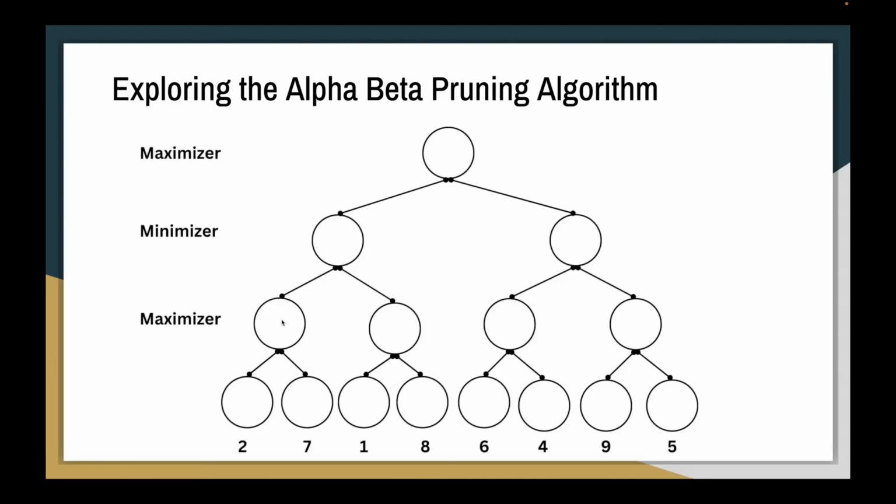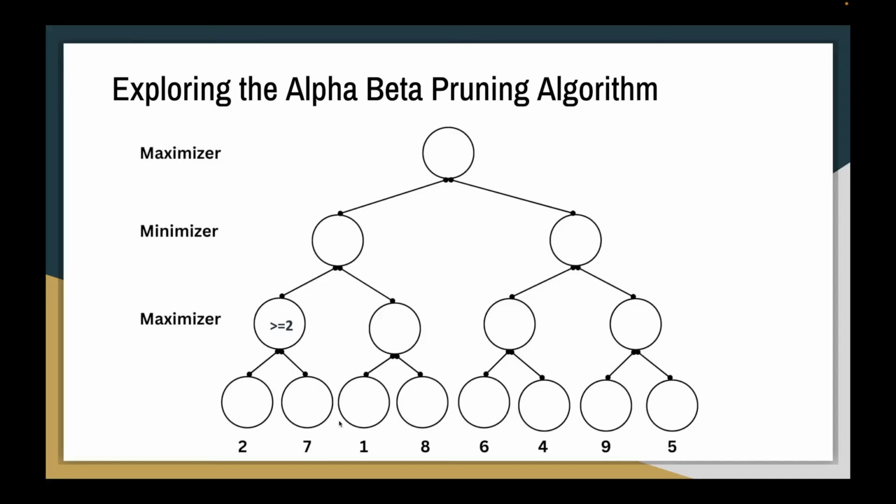So when the maximizer finds the value 2, it knows that the value of the node cannot be lesser than 2. It knows that when it chooses to go down, if the next branch produces lesser value, then it has to select the value 2. So the maximizer knows already the score there will be equal to or greater than 2.